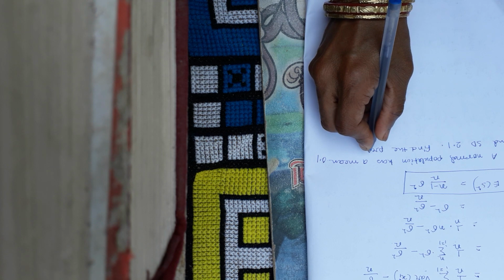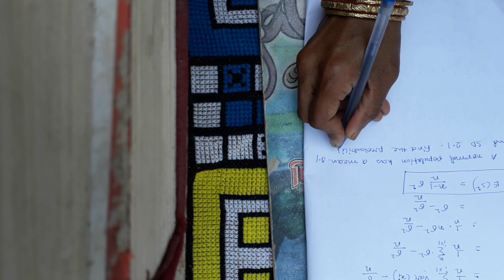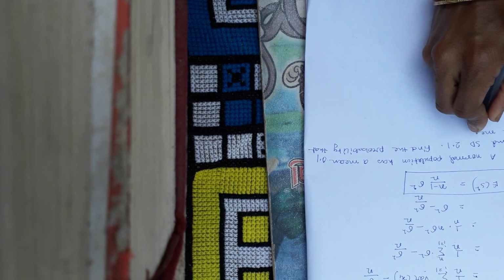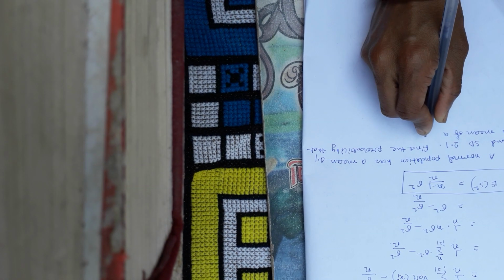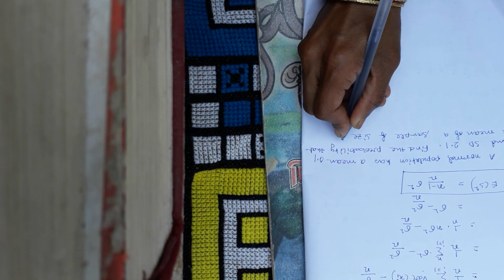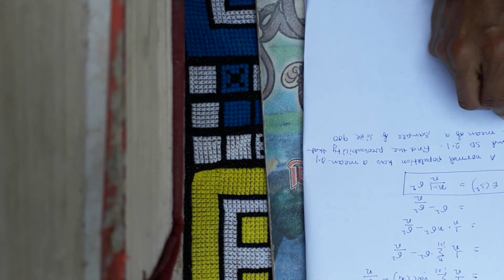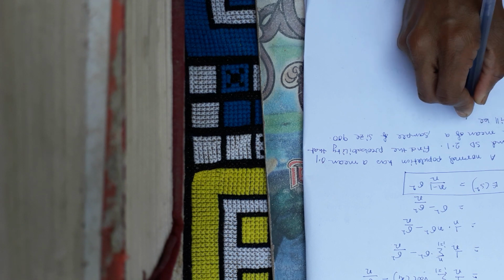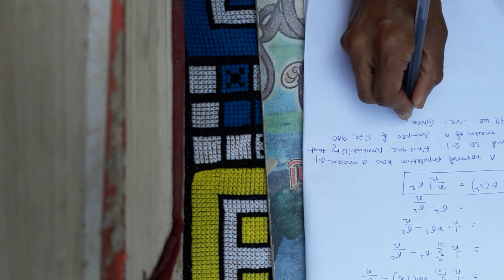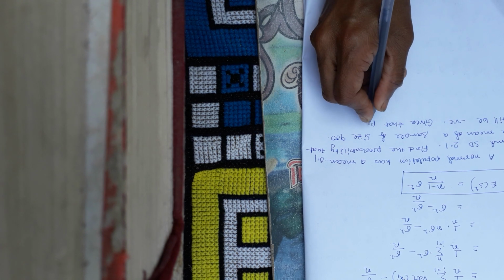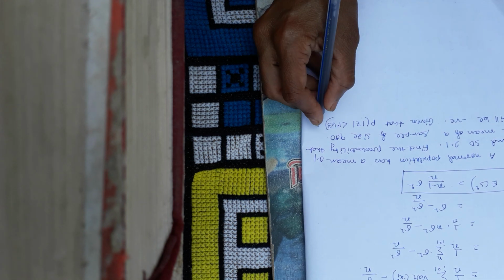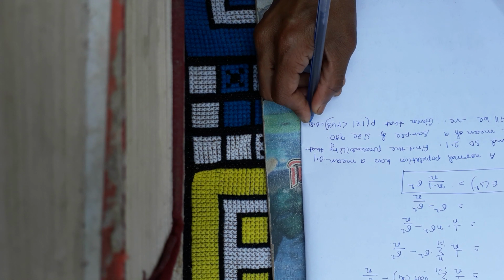Find the probability that the mean of a sample of size 900 will be negative, given that probability of mod z less than 1.43 is equal to 0.847.